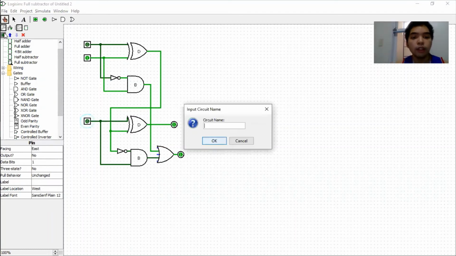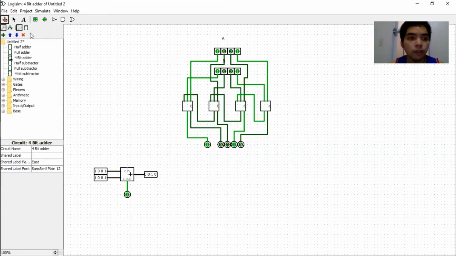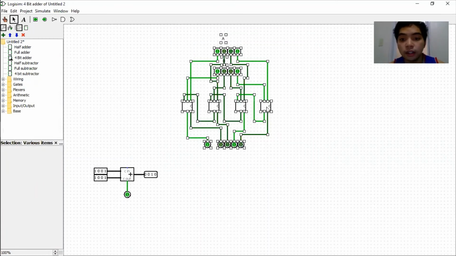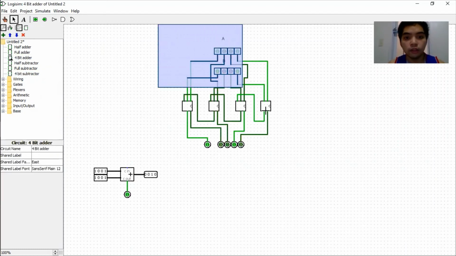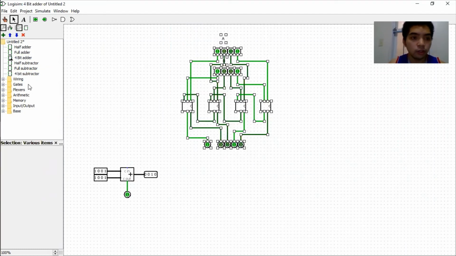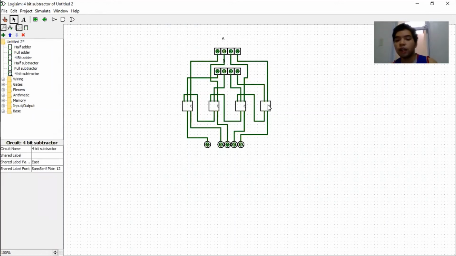And now we're going to make the 4-bit subtractor. That is the same as the 4-bit adder, same concept, but the only difference is the ICs that were used, so we only need to change the ICs.